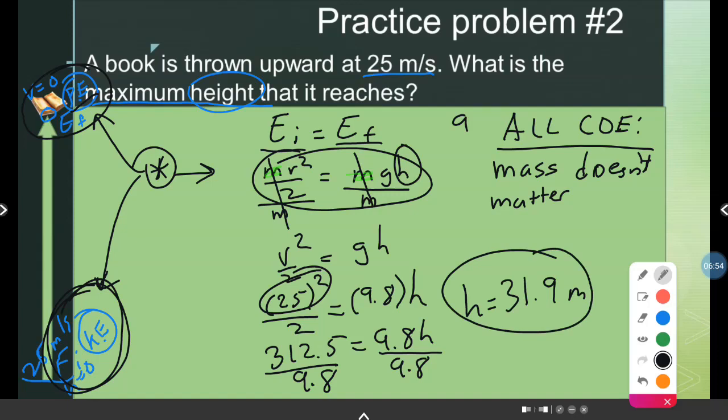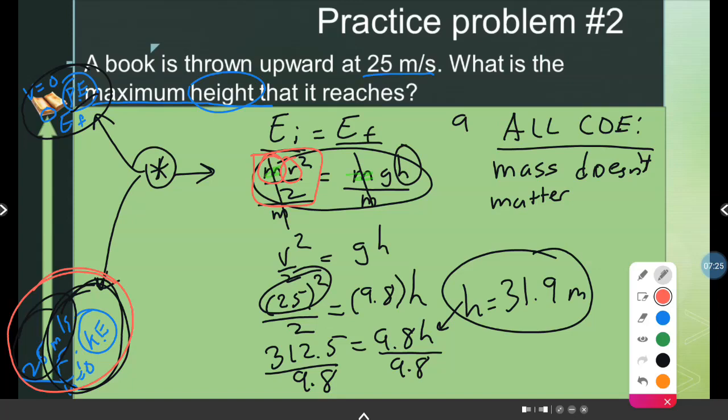This part right here, we actually did really, really similar to this last part in a previous problem. So this is a really useful way to figure out how high this thing is going to go, simply based on the speed it started with. Because here's the point. When we threw this book up in the air, we gave it some energy, and the amount of energy it has, because it only had kinetic energy, is based on its mass and its speed.